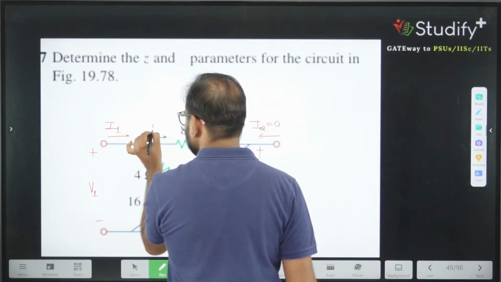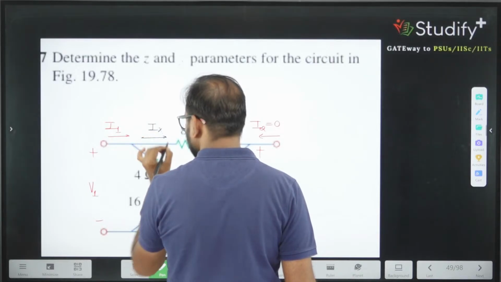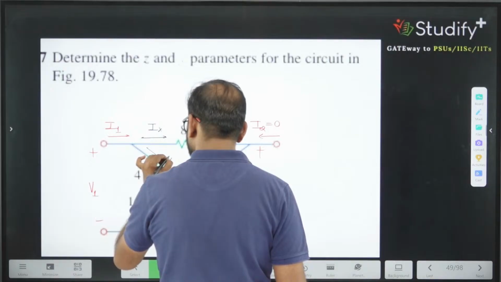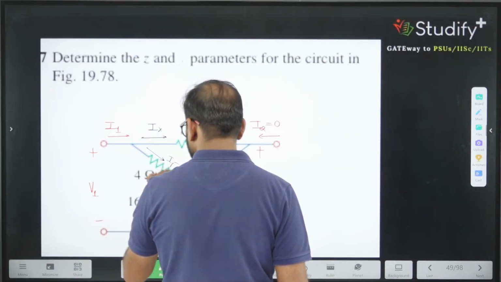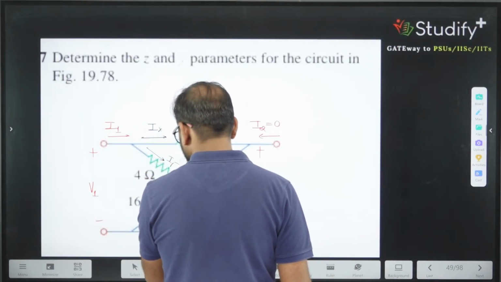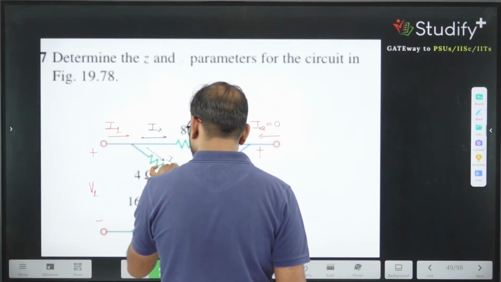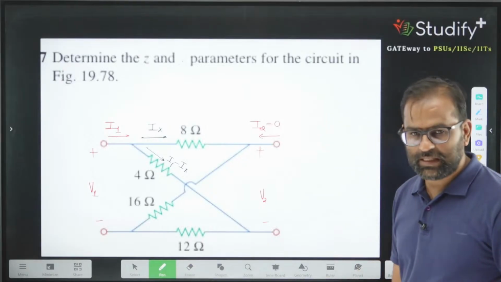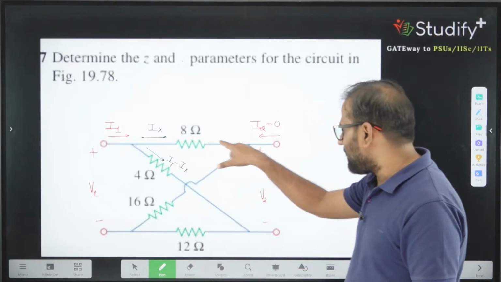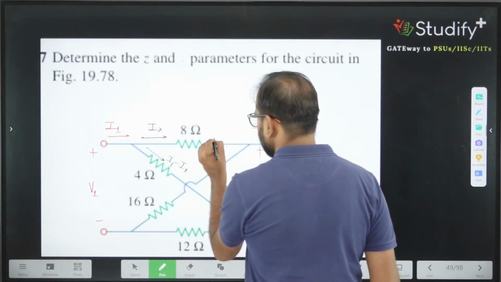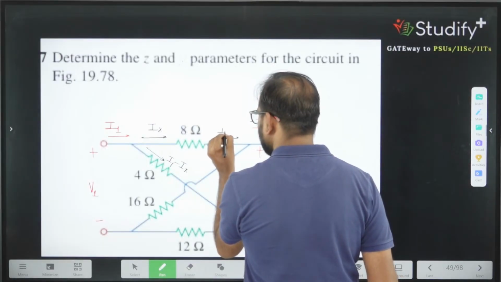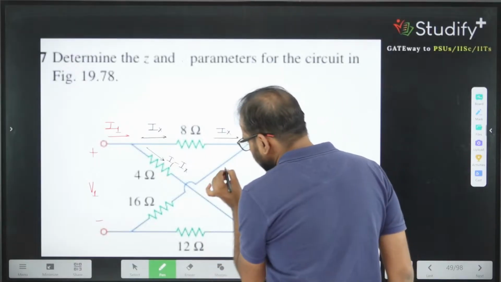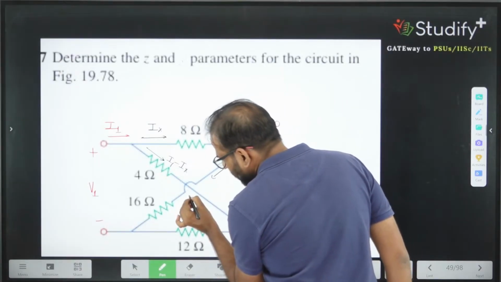If this current is Ix, this current will be I1 minus Ix. Correct? This Ix current will come here. And what current are you adding into the network? You are adding zero current. If you are adding zero current, the same current will flow in this circuit.